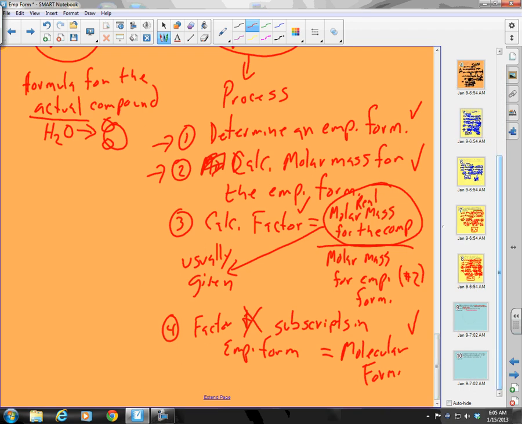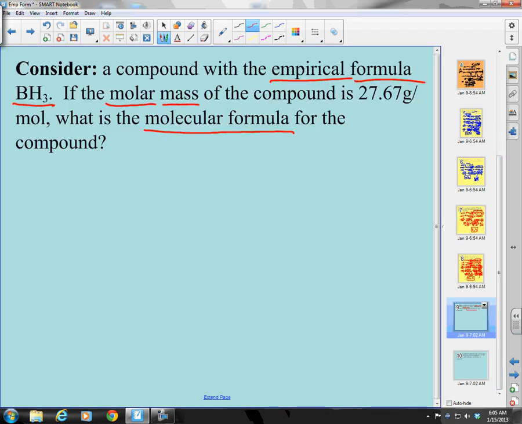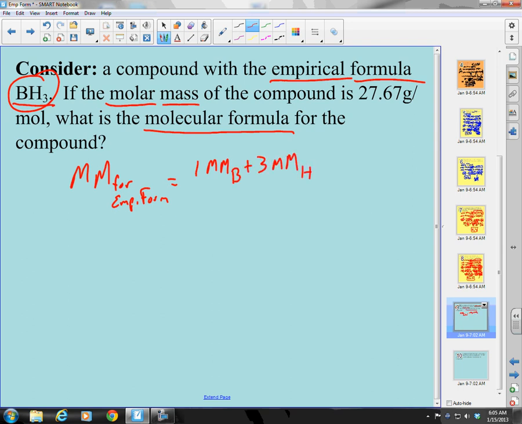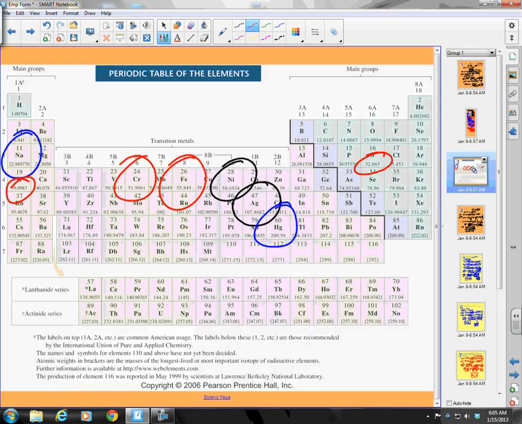Here we go. Empirical formula, BH3. So I want the molar mass for the empirical formula. What am I going to do? I'm going to take 1 times the molar mass of B, plus 3 times the molar mass of H. And what's that equal to? Let's go up to our wonderful periodic table without which we could not live. Boron, 10.81.